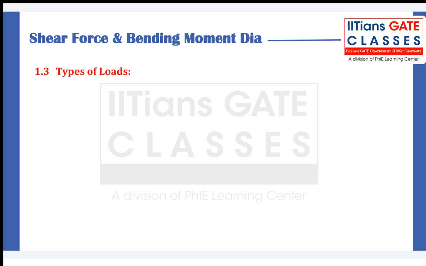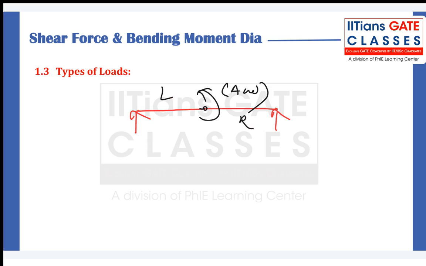Now guys, again I am giving the same example in reverse. You have the same point moment, but now it is acting anti-clockwise. So now tell me, on left and right, what will be the behavior? First tell me, what will be the deflection pattern? The deflection pattern now will be reversed, right?